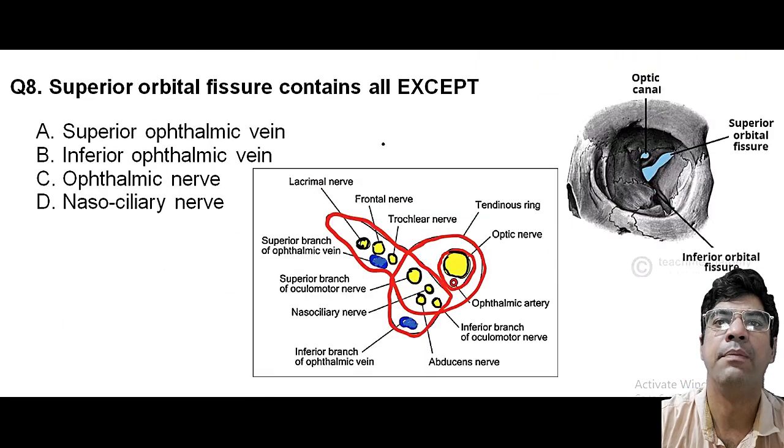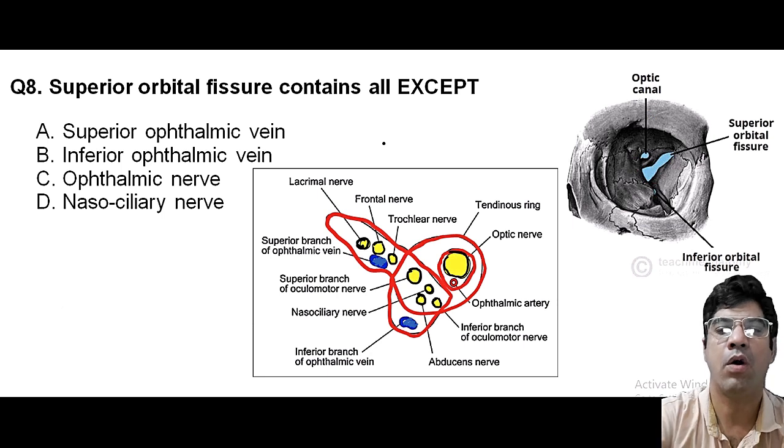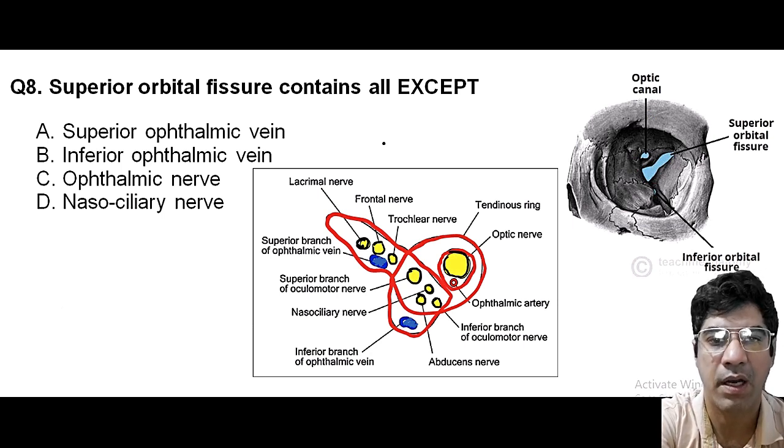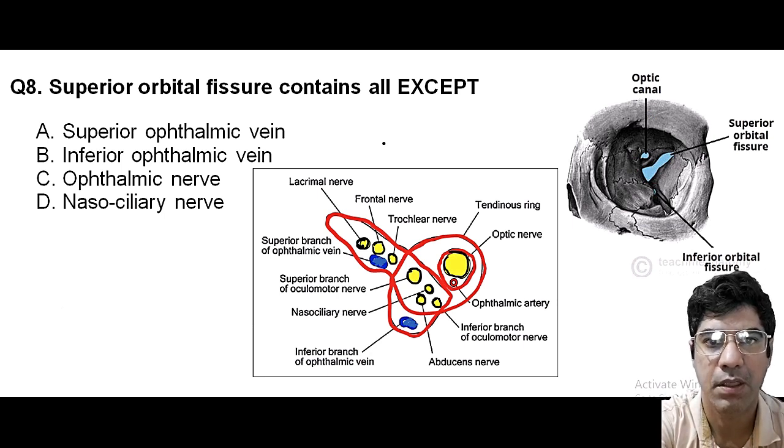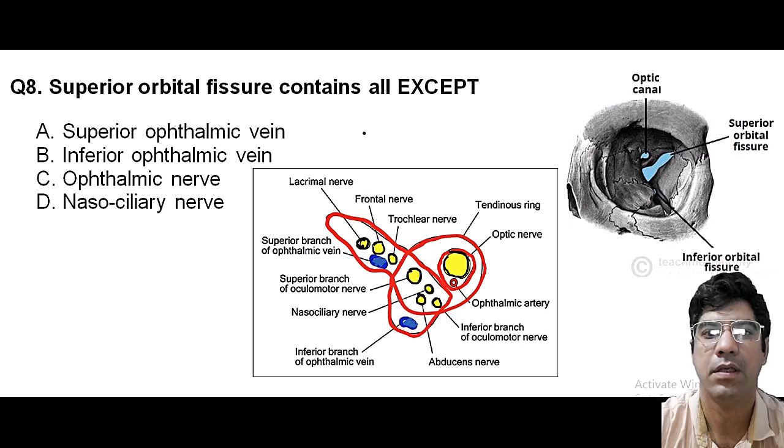Superior orbital fissure contains all except. So the answer is ophthalmic nerve. Option A is superior ophthalmic vein.